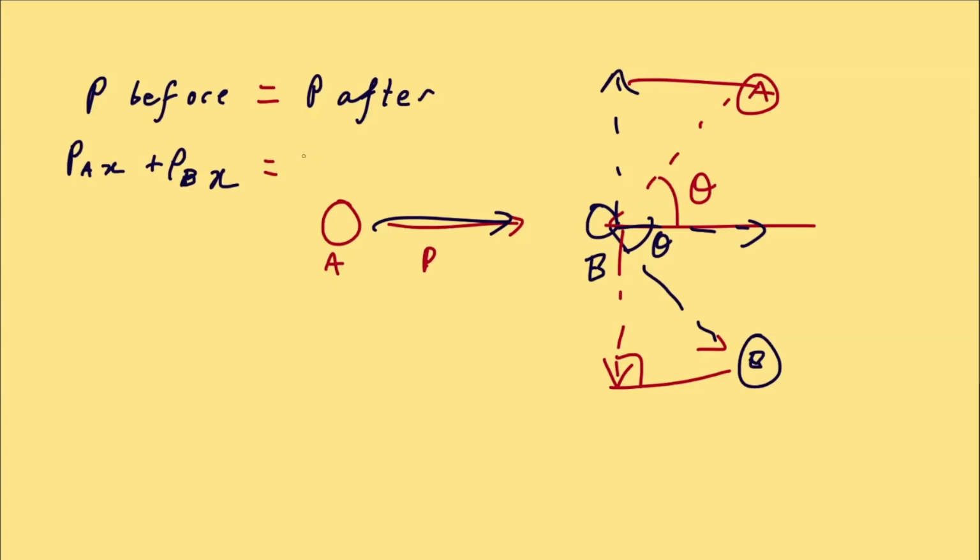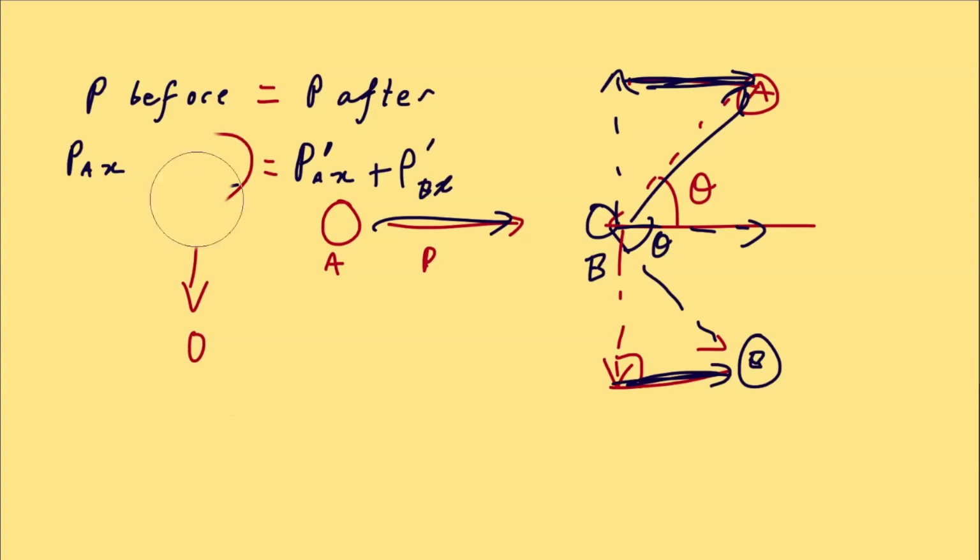This would be equal to the x component of ball A after the collision. We'll denote that with a prime, like that. That is this part of the momentum vector, plus the same thing for B, which would be this. Since this is at rest initially, we don't have to consider that at all.